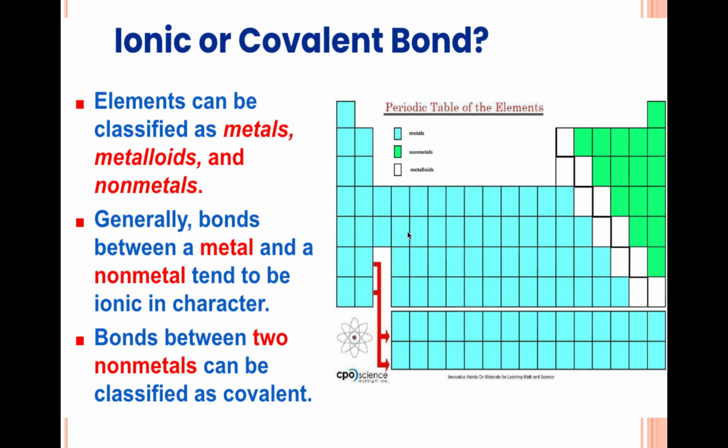If we have a bond between metals, which lose electrons, and green, the nonmetals, which gain electrons, then those are going to be ionic, because gaining and losing turns you into an ion. If we're looking at elements in this green portion, two nonmetals, they all need to gain, we said, so they're going to form covalent bonds if they're joining together.